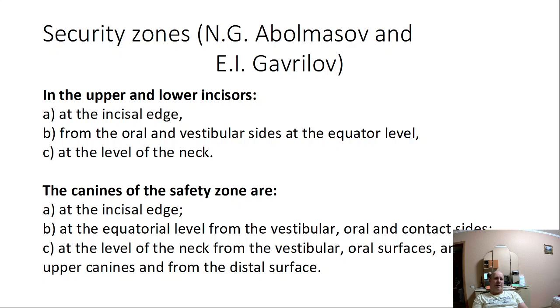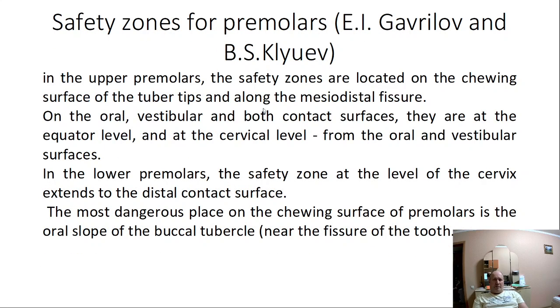It's especially important in the lower incisors and in the premolars from the proximal parts. Here you can see the main safety zones in the upper and lower incisors and canines, and then safety zones for premolars. Here you can read it.